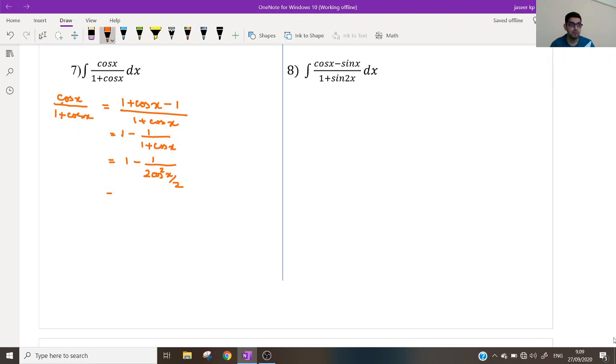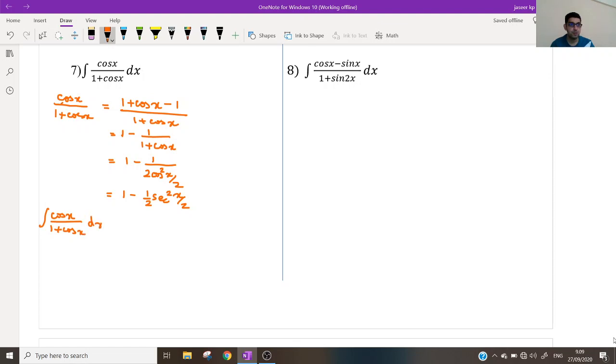So this will become 1 minus 1 by 2 secant square x by 2. So the given expression cos x by 1 plus cos x, we have simplified into 1 minus half secant square x by 2.